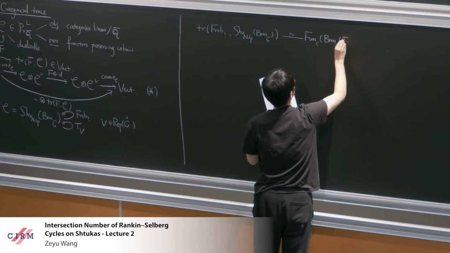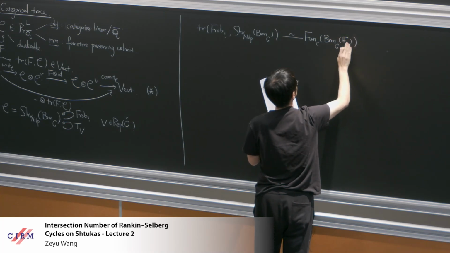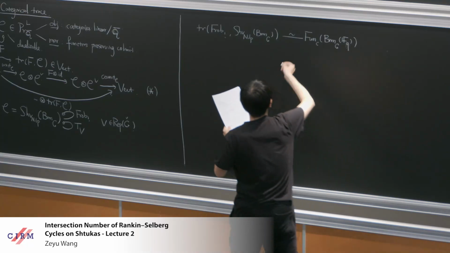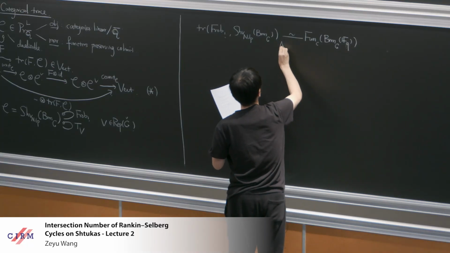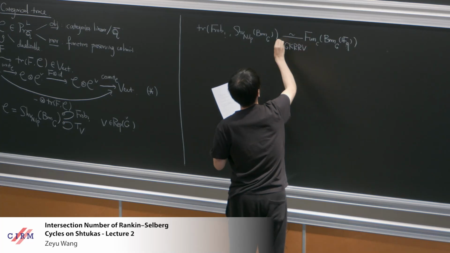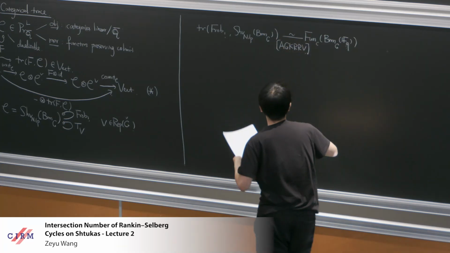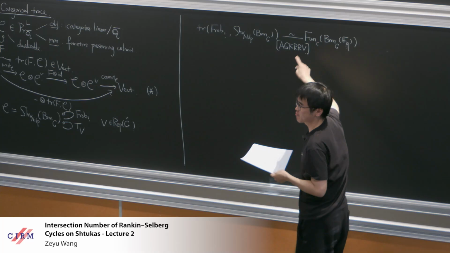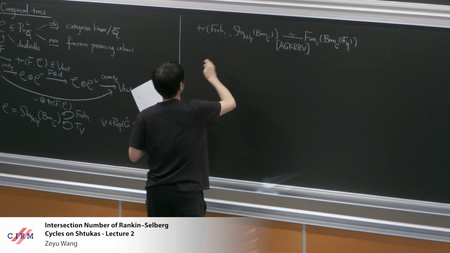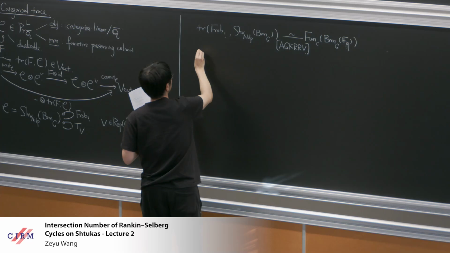It's the compactly supported functions on G(F_q). And this is the main result of Arinkin, Gaitsgory, Kazhdan, Raskin, Rozenblyum, and Varshavsky. So that's the categorical trace.